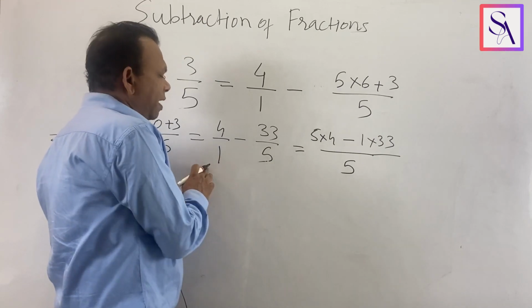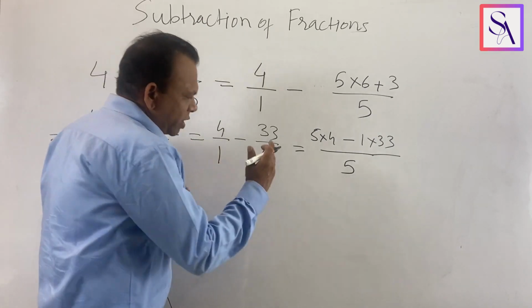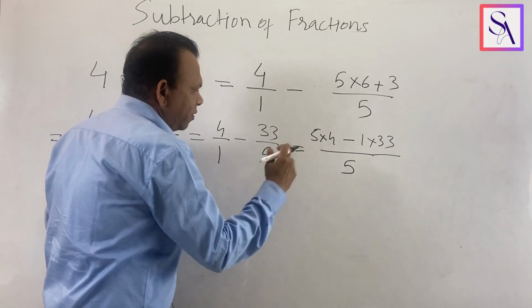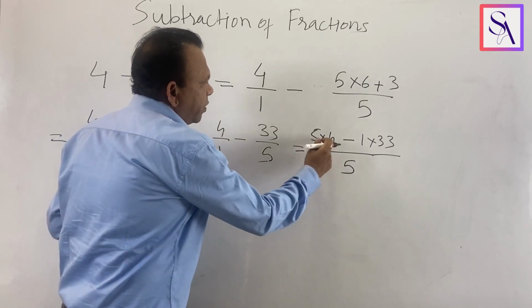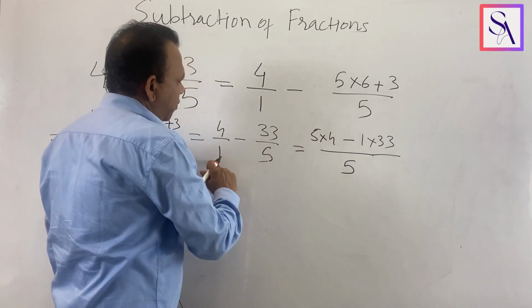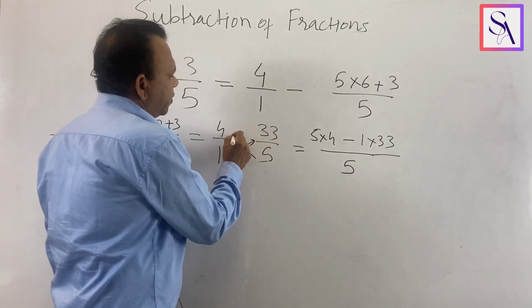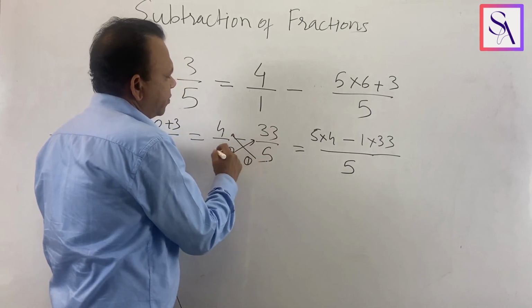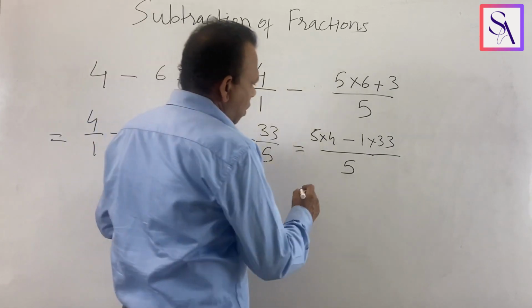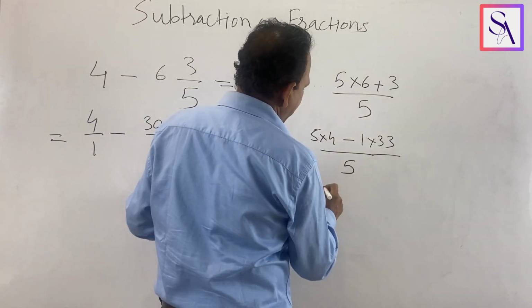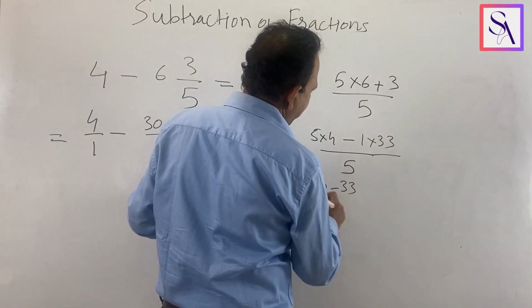If you start from left side, then your answer will be wrong. So start from right side. This is our right hand. 5 into 4, 5 into 4 minus then 1 into 33. This is first step. This is second step, right? So how much would it be? 20 minus 33 by 5.